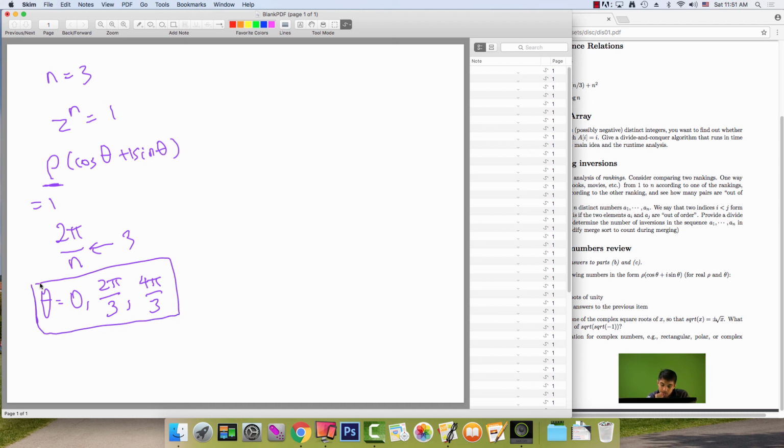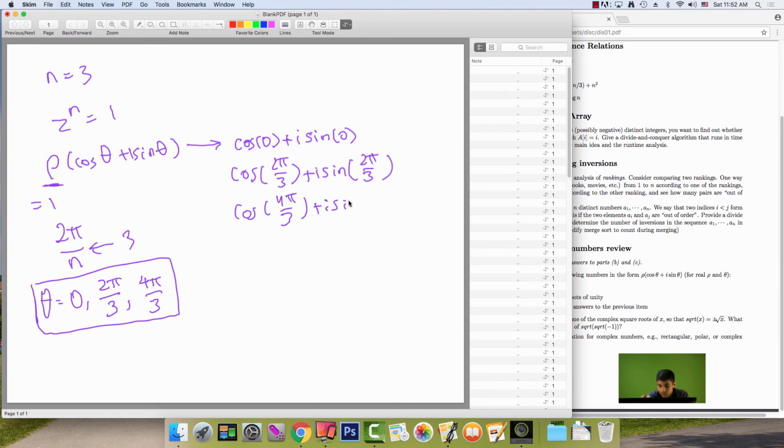All right, so plugging these values into this formula, we get that the three roots of unity are going to be cosine of 0 plus i sine of 0, cosine of 2 pi over 3 plus i sine 2 pi over 3, and finally cosine of 4 pi over 3 plus i sine of 4 pi over 3.